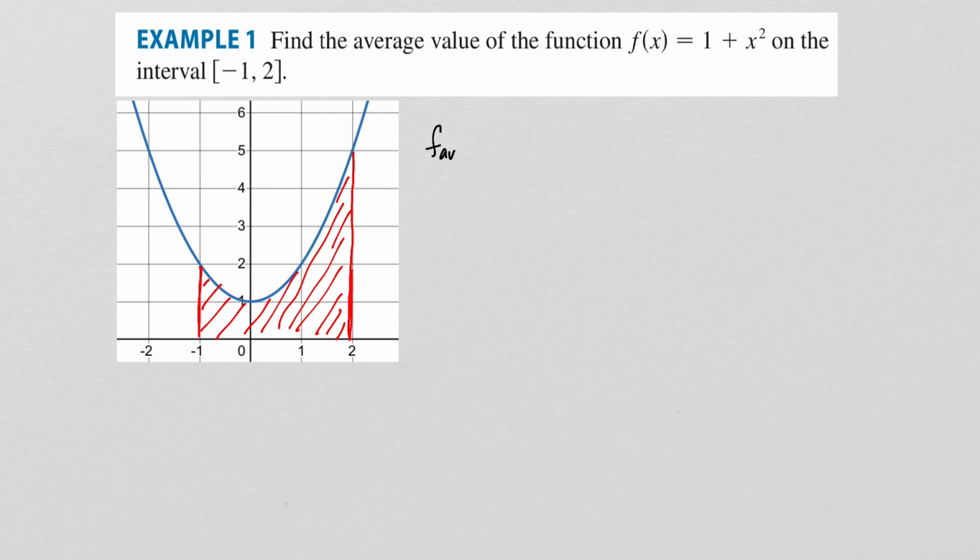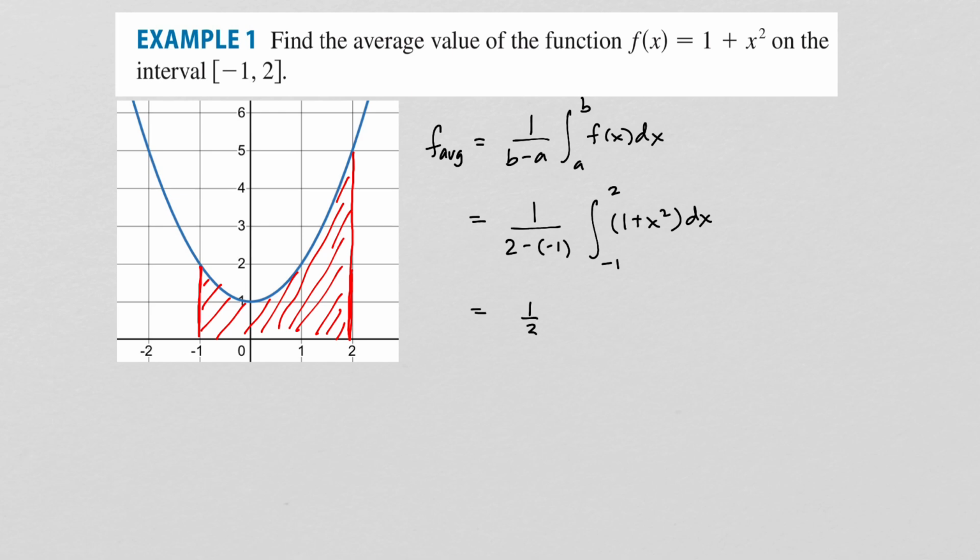We know the average value is equal to 1 divided by b minus a times the integral from a to b of our function. So this is 1 divided by 2 minus -1, the integral from -1 to +2, and our function is 1 plus x squared.